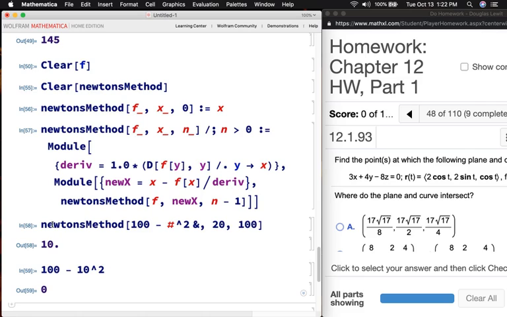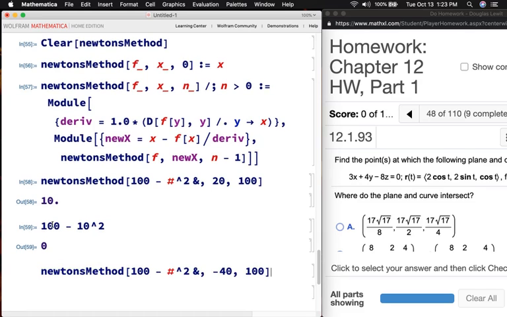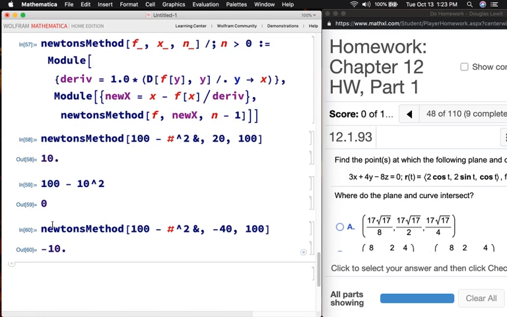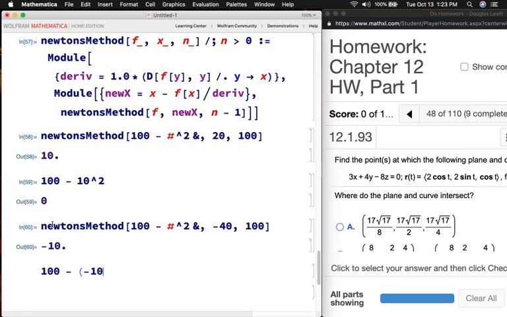The problem with Newton's method is that it will only give you one potential root. There could be two. So for example, Newton's method, 100 minus some variable squared. How about negative 40? We'll do 100 repetitions. So this is the other root. 100 minus negative 10 squared, we know that it's equal to 0.